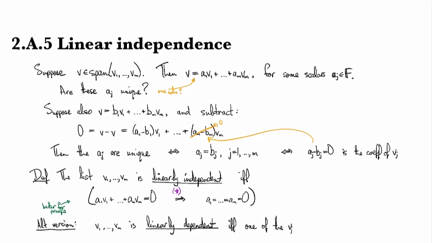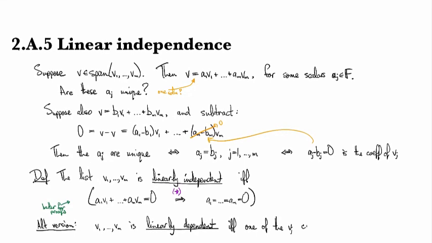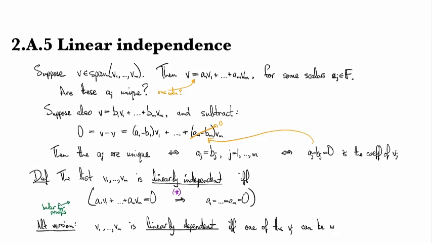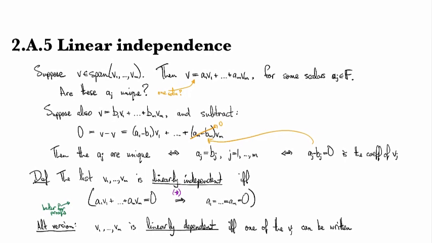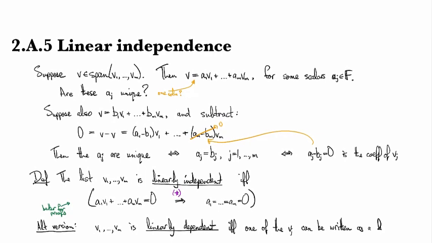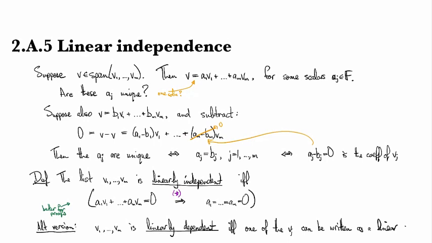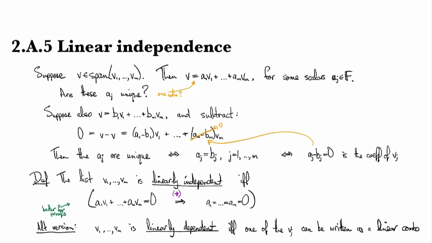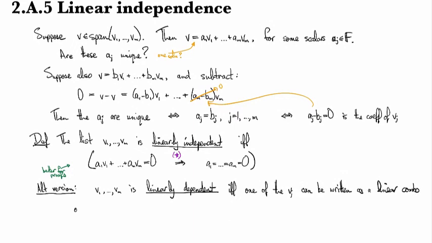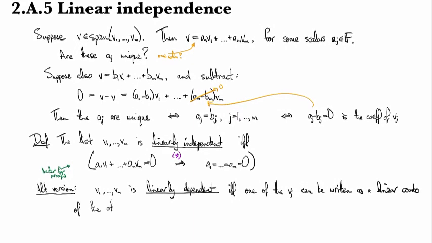So we say it's dependent if one of the vj can be written as a linear combination of the others.